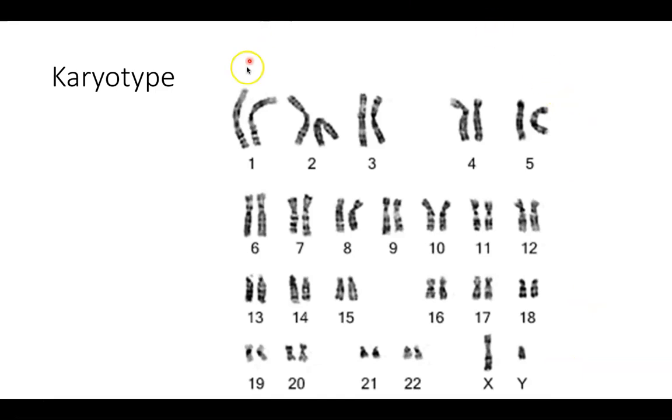So this would be the karyotype of a normal male, because there's no chromosome abnormalities here. And we'll talk about some other things later, some things like Down syndrome or Klinefelter syndrome, in which you can look at this and you'll be able to see there's going to be a certain number of additional chromosomes or certain missing chromosomes along the way.